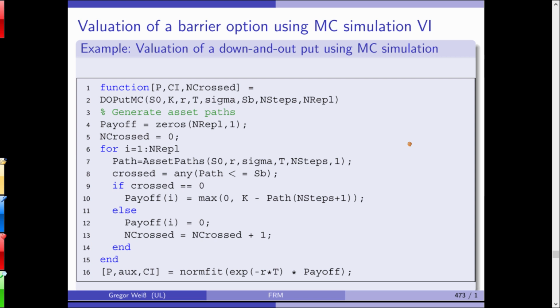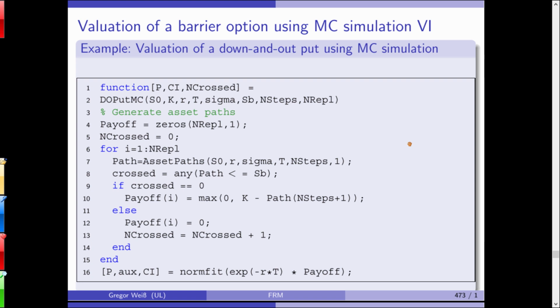Else, the asset path has gone below the barrier at least once, and in lines 12 and 13, payout is 0 and N cross plus 1. So this is the case that the barrier option has been knocked out, and we increase N cross by 1, and N cross later on will tell you in how many of those simulated paths the barrier option was knocked out.